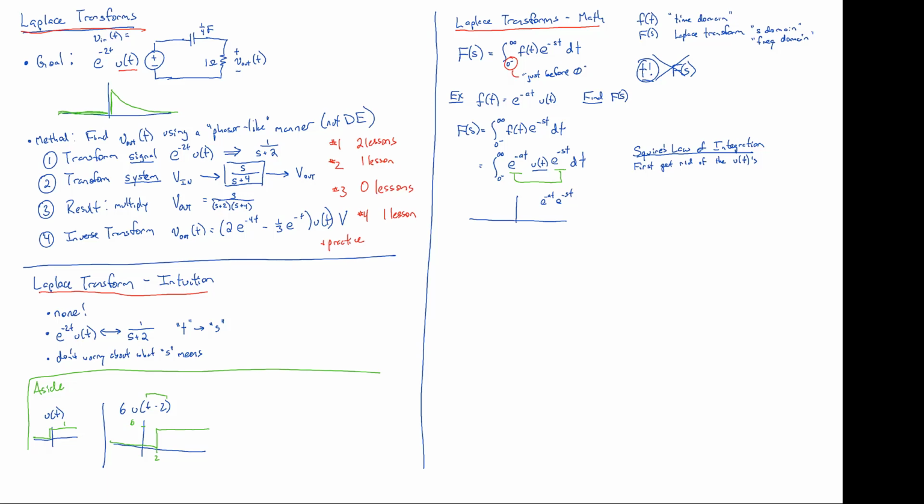And didn't I just tell you that st is a complex number? So I've got no idea what that looks like, something crazy like that. All right, well, that's not very helpful. But when we multiply it by our u of t, all of a sudden, what we see is that it just zeroes out everything less than 0. And then whatever is greater than 0, it continues on as if it wasn't changed.